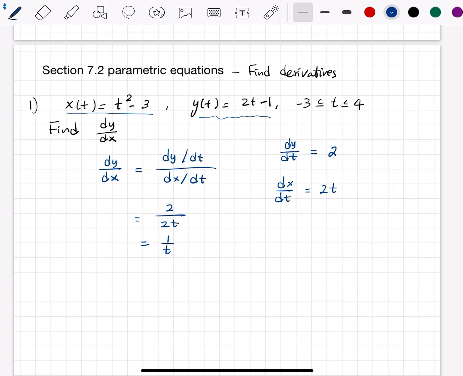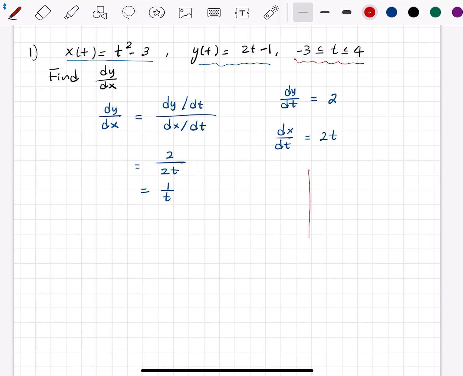And if you're interested in how the graph looks, because we have the interval for t from negative 3 to 4, here is a quick sketch. The graph is going to look like a sideways parabola, with a starting point and an end point.